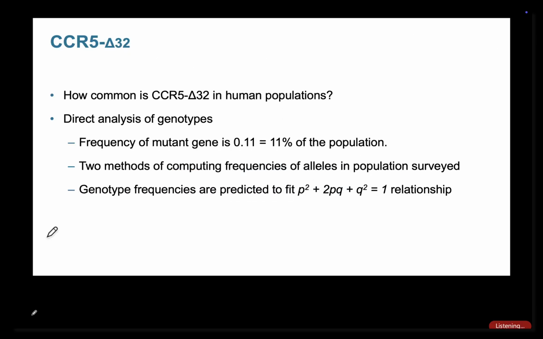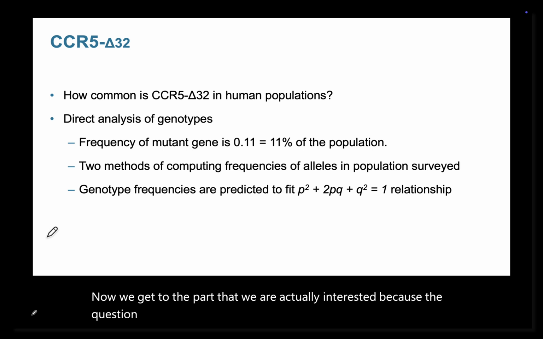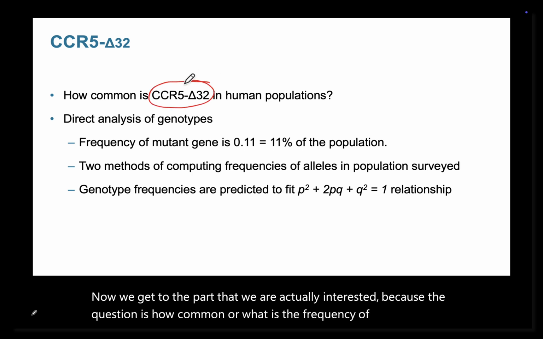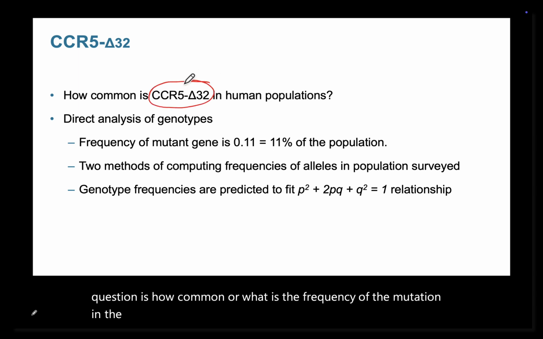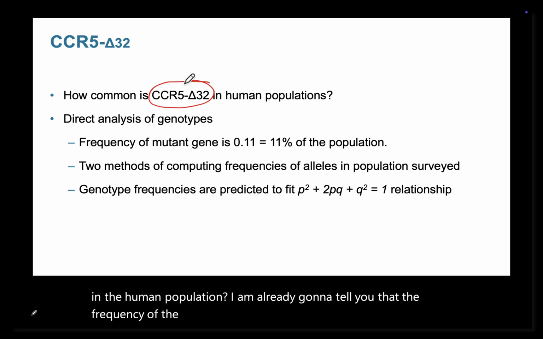Now we get to the part that we are actually interested, because the question is, how common or what is the frequency of the mutation in the human population? I am already going to tell you that the frequency of the mutant gene is of 11% in this population.